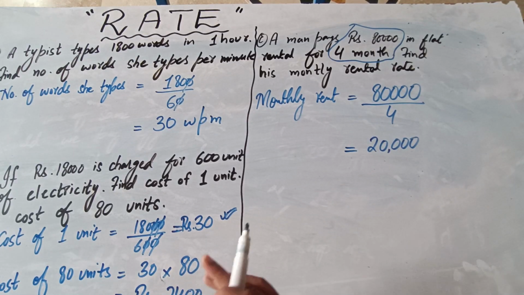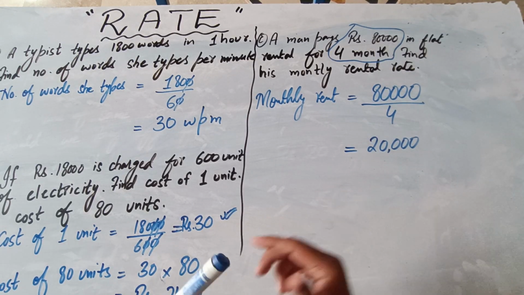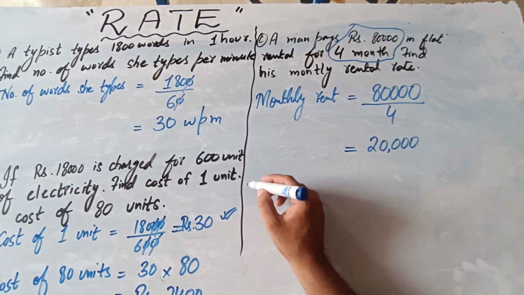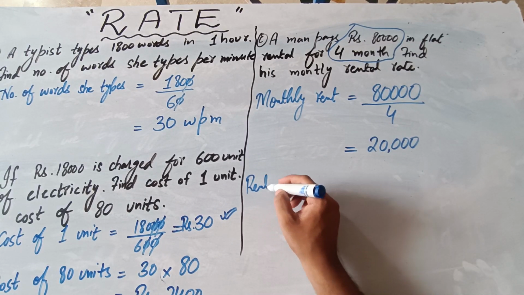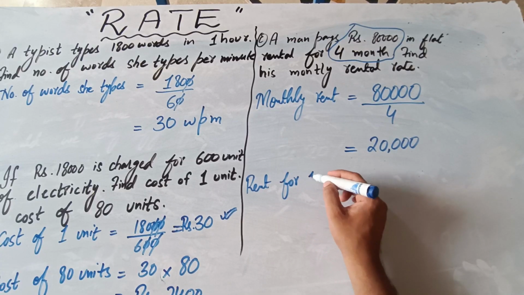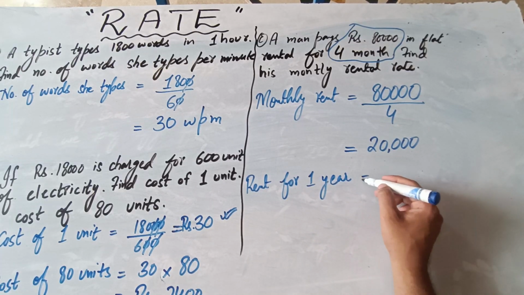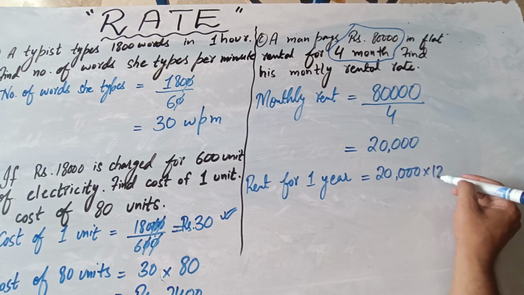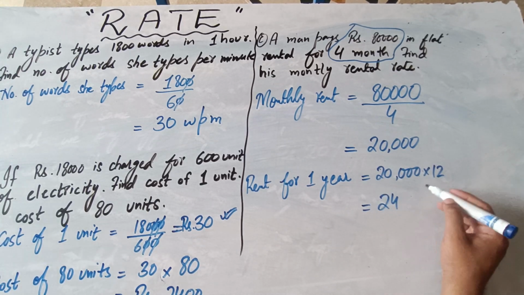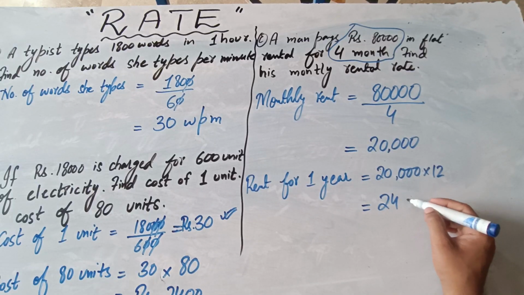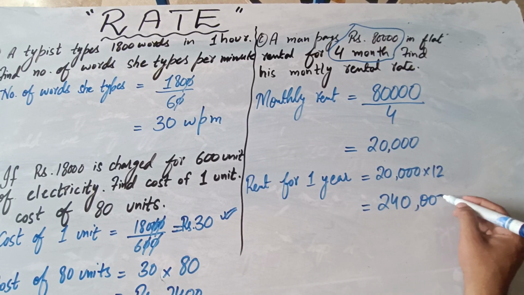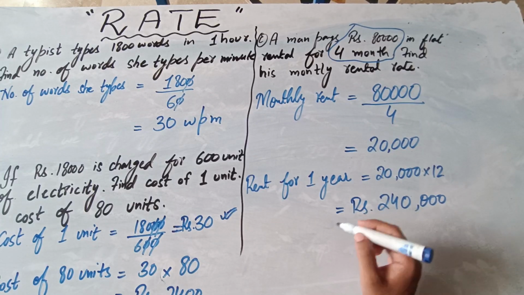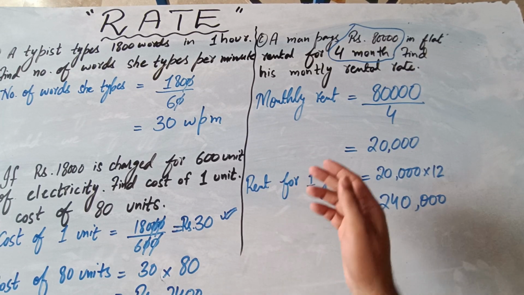So in this way, if he wants to find out what would be his rent for 1 year, he will multiply his per month rent by 12. So 12 twos are 24, 2,40,000. So in this way, this gives us the simplest answer of unit rate.